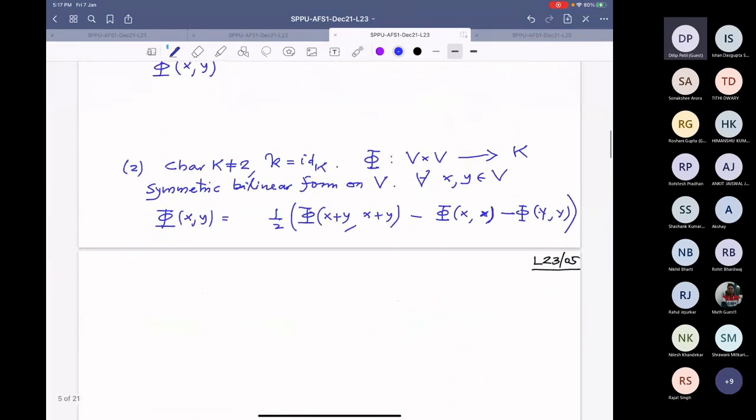So that proves that symmetric bilinear forms are uniquely determined by their values on the diagonal elements. And this equality you can further write as one-fourth of phi(x plus y, x plus y) minus phi(x minus y, x minus y).